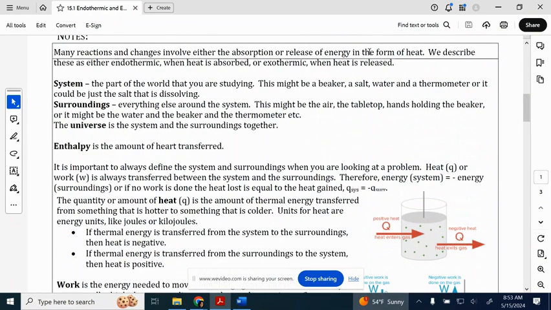One of the things that we need to talk about in terms of heat is that heat is either going to be released or it's going to be absorbed. And we need to talk about the fact that only heat moves. Cold does not move. So if you put your hand down on the desktop and it feels cold to you, that is not the cold coming into your hand.